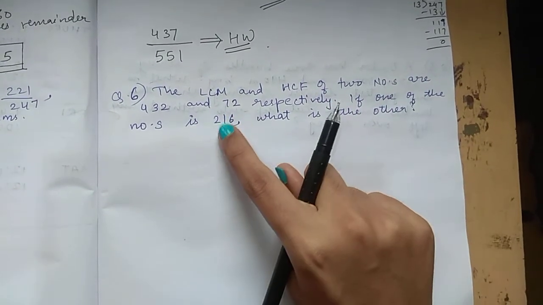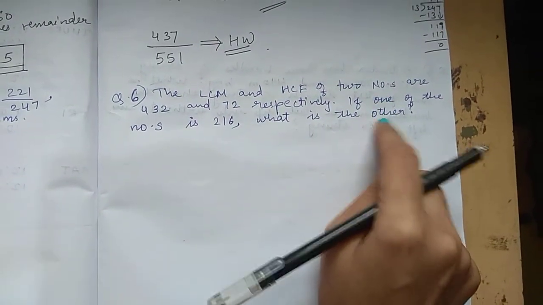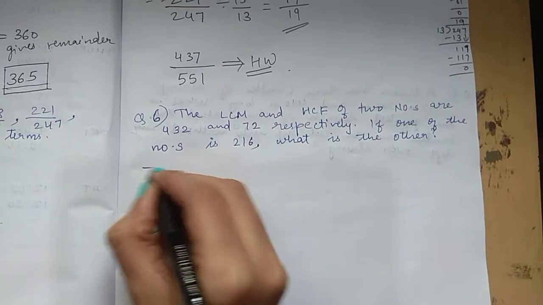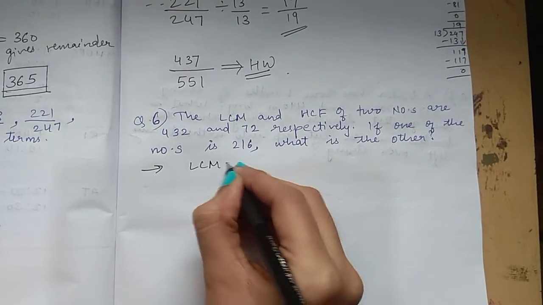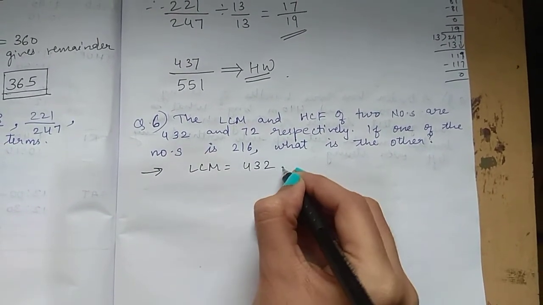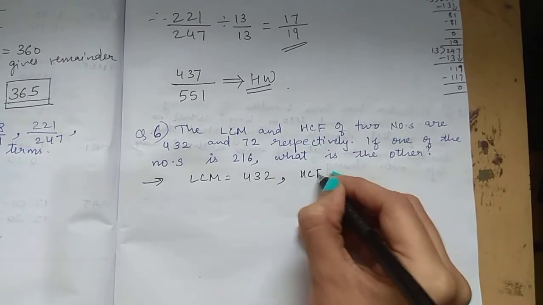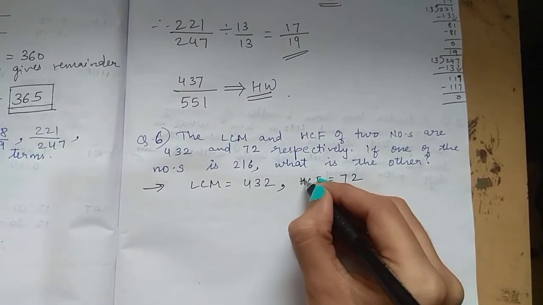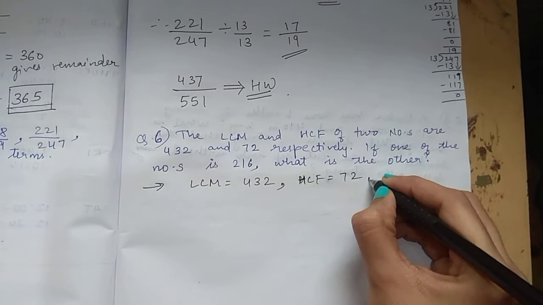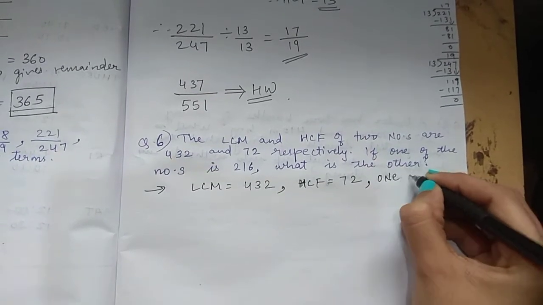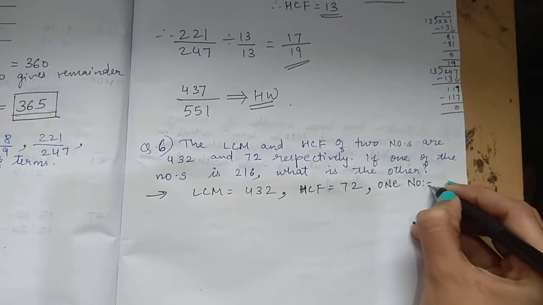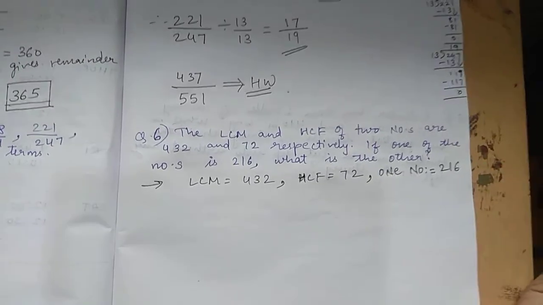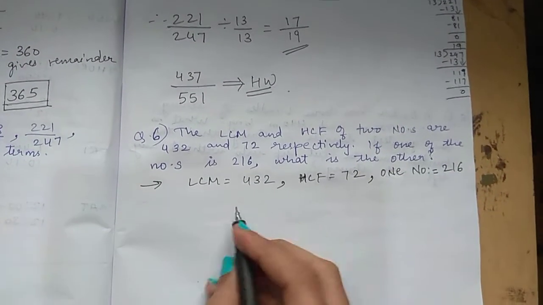Out of that, one number is 216. We have to find the other one. So let's write this. LCM is 432. HCF is 72. One number is 216. We have to find the other number.